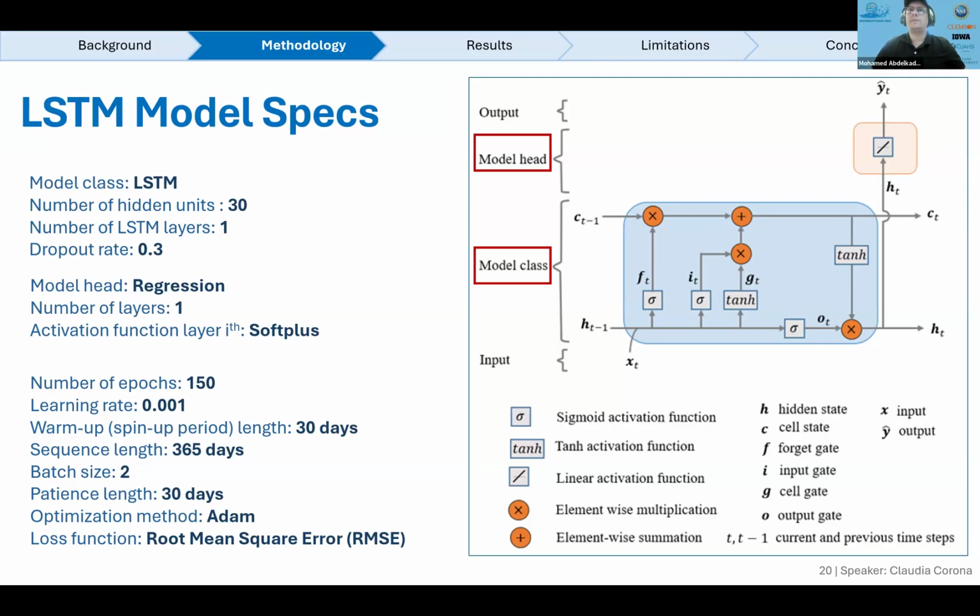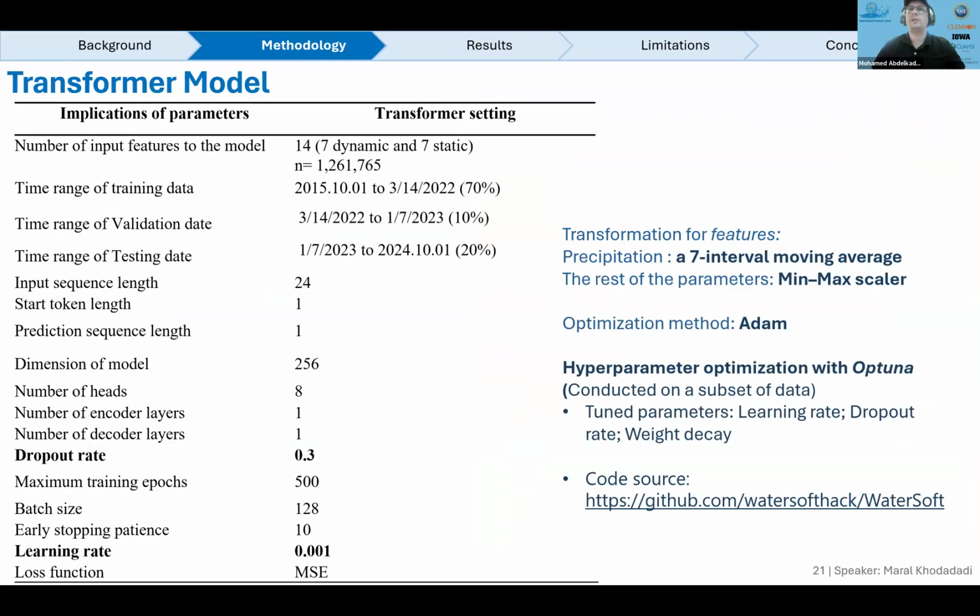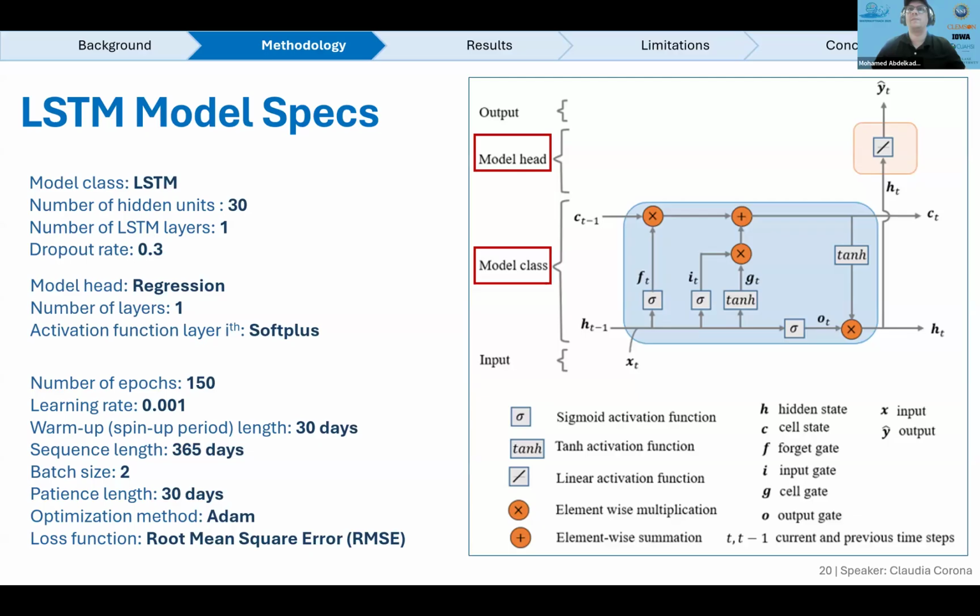And the prediction length was 30 days. There is another thing that we want to mention here that was relevant to us. There was the warm-up period also, I think. This was removed, but the warm-up period also was 30 days, 1 month. It was kind of a blank slate at the beginning.